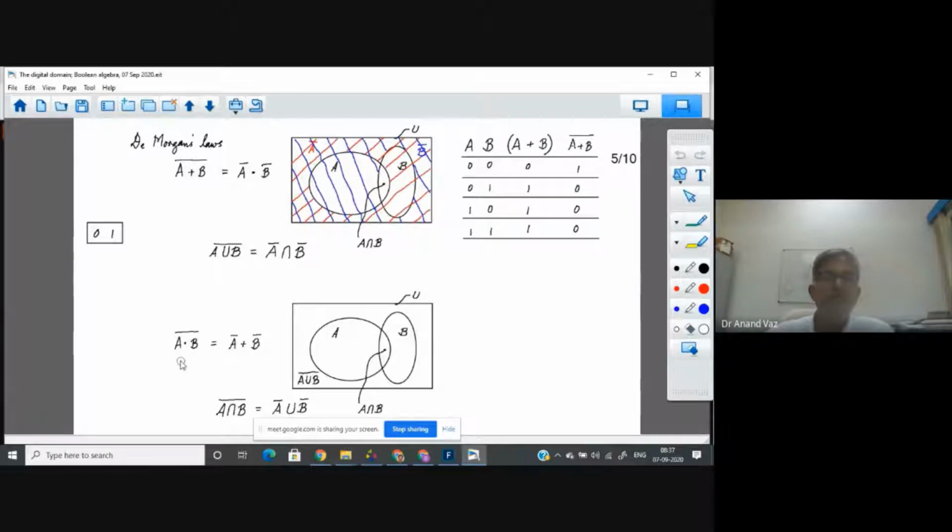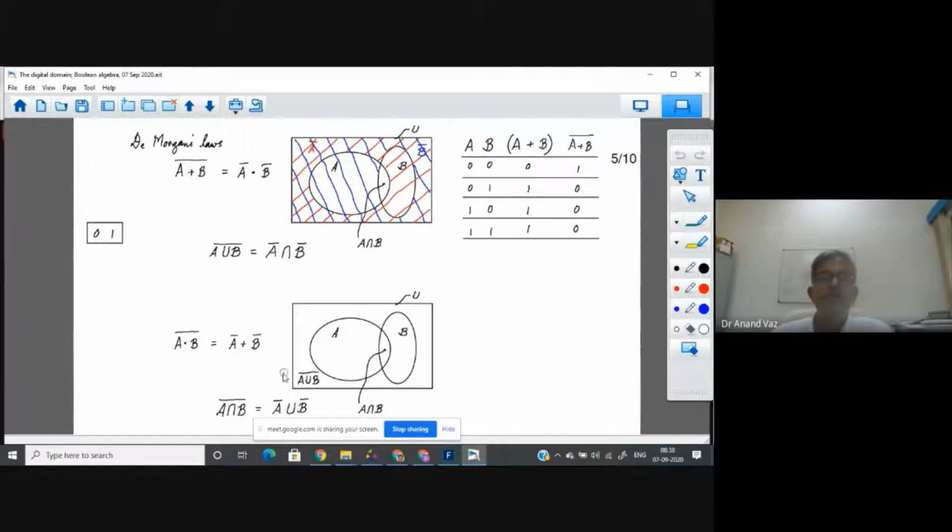The other law of De Morgan is that complement of A and B is equal to not of A or not of B. You can see the same thing from set theory, that the complement of A intersection B is equal to A complement union B complement.